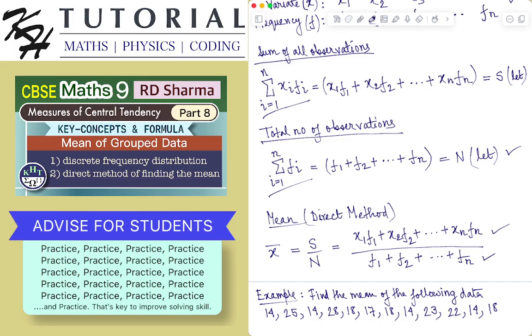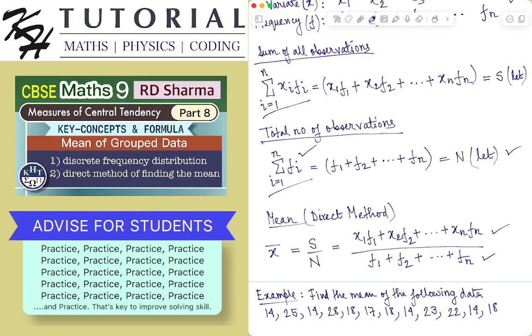Two things to keep in mind: the total number of observations in a discrete frequency distribution is equal to the sum of the frequencies, that is summation of fi, f1 plus f2 plus up to fn, and the sum of all the observations is given by summation of xi fi, where i is ranging from 1 to n, meaning there are n number of unique values.